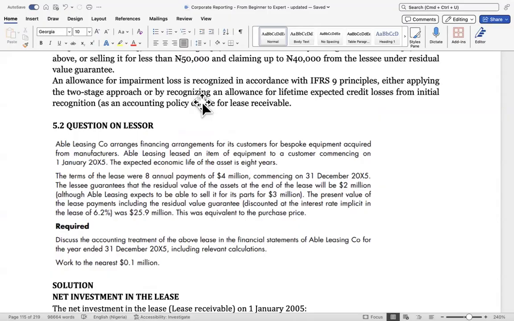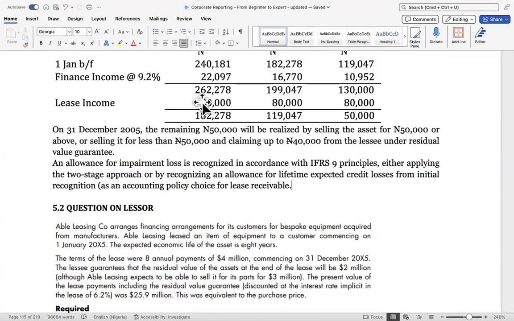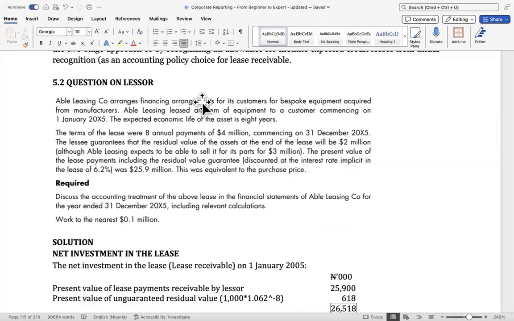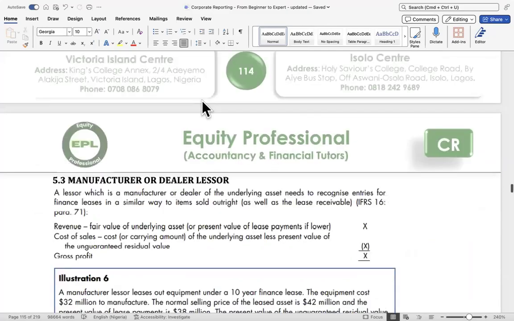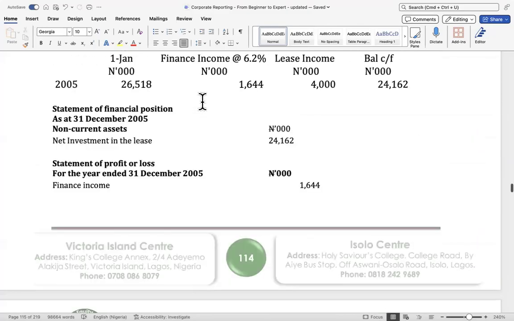So if the asset is 50,000, it's already in the books of the entity at 50,000, but the net investment in the lease is 60,000. They were recognizing the 50,000, then the difference of 10,000. Oh, okay, fantastic. So that was what I wanted to ask you.